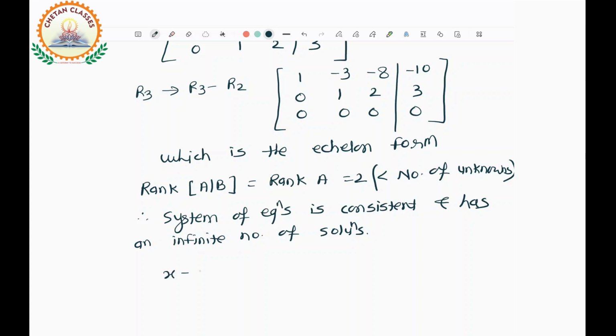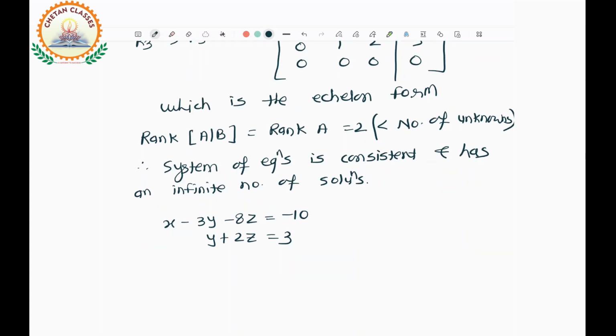So the equations are x - 3y - 8z = -10 and y + 2z = 3. With 2 equations and 3 unknowns, there is 1 free variable. So consider z = t.